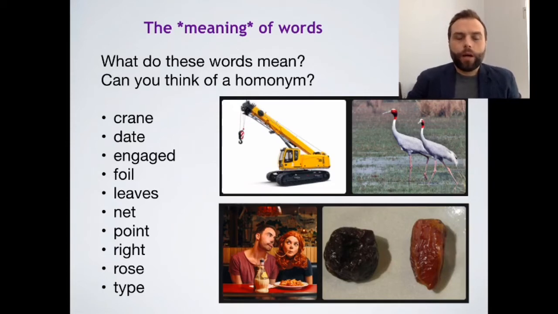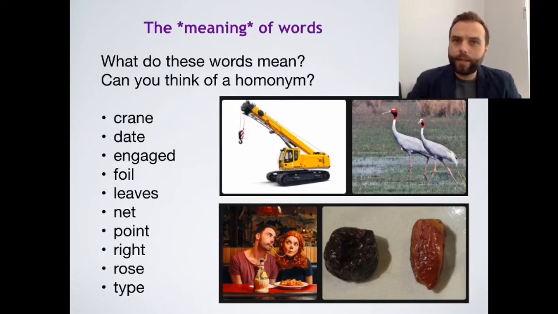Okay, so crane is the first one, and I've given you some picture examples here. Crane has two different meanings: a crane for a construction site and crane the animal. The second one is date.